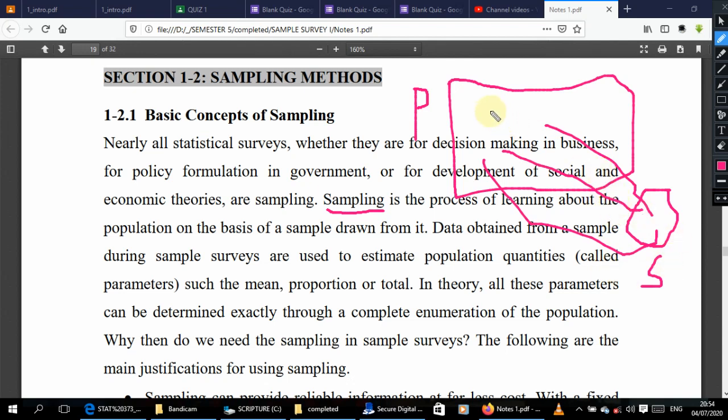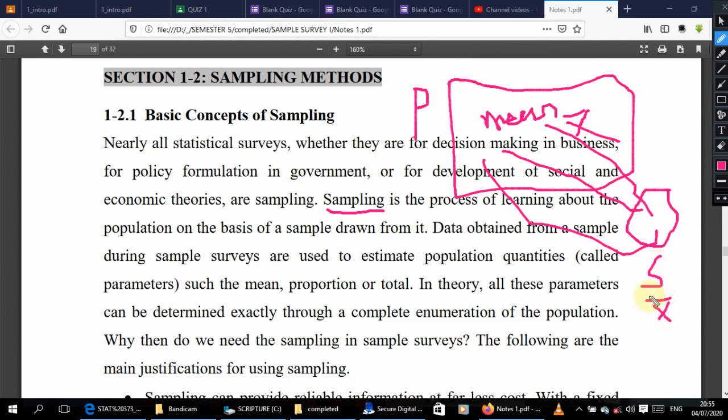Assuming you want to know the population mean, which is capital X bar, but you can't use the whole population, so you pick a sample and try to estimate it with small x bar. Then you say that small x bar is an estimate for this parameter. This is a statistic, because it's coming from a sample.